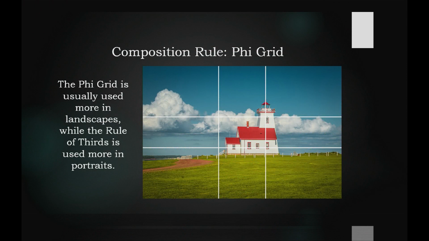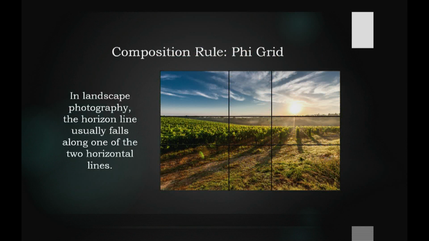This, again, looks like rule of thirds, but we generally use the phi grid when we're doing landscape photography, when we want to include the landscape in the image versus just a portrait. So this is one very simple variation.